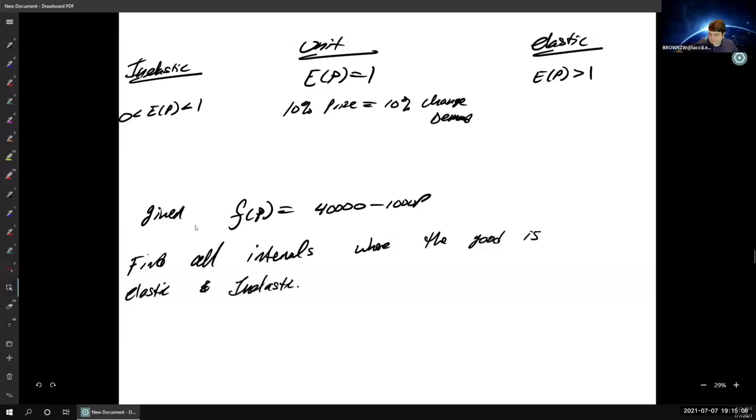And actually, let's say find all intervals of the price, to be very clear what we're doing intervals of.